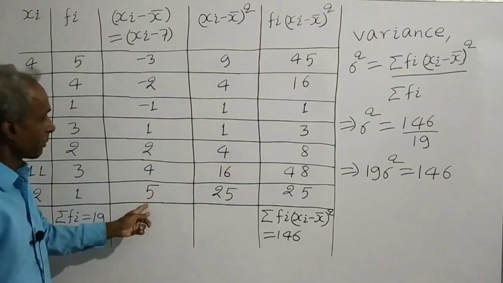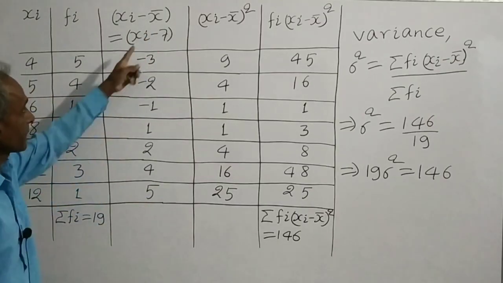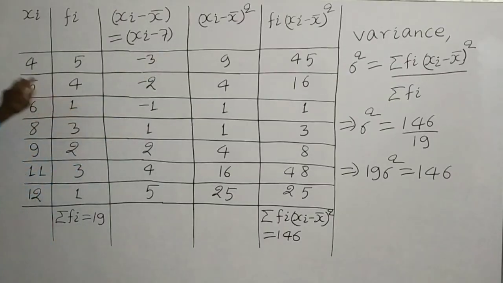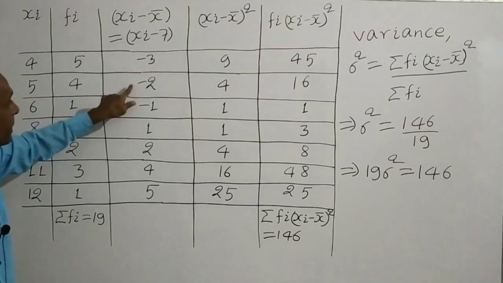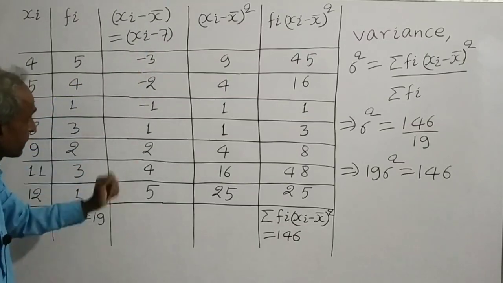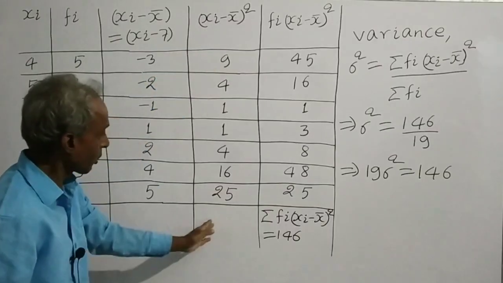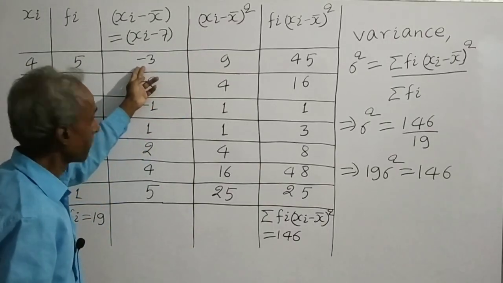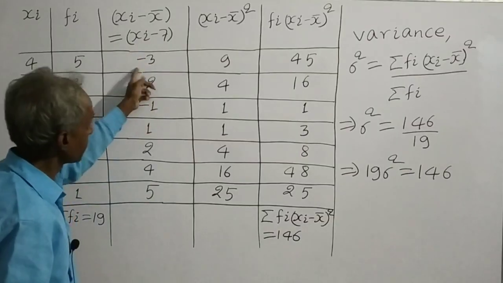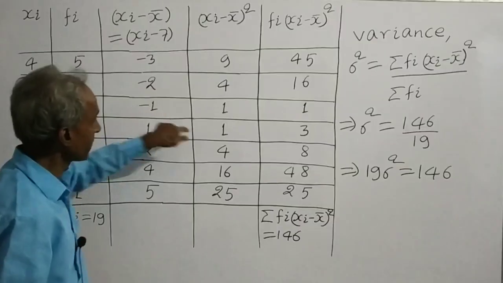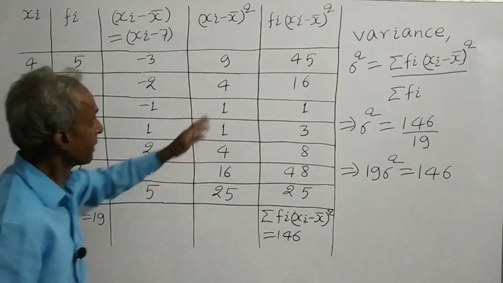In this column we write xi minus x bar, meaning xi minus 7: 4 minus 7 is minus 3, 5 minus 7 is minus 2, 6 minus 7 is minus 1. In this way, in the next column we write the numbers after squaring the numbers in this column: minus 3 square is 9, minus 2 square is 4, minus 1 square is 1.